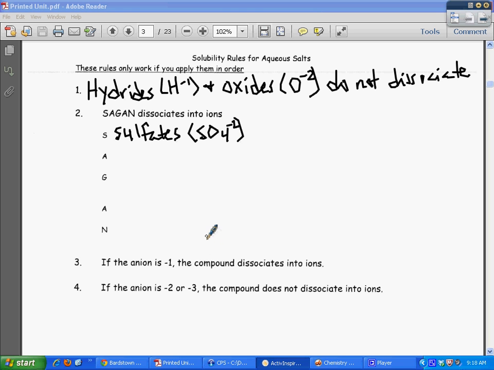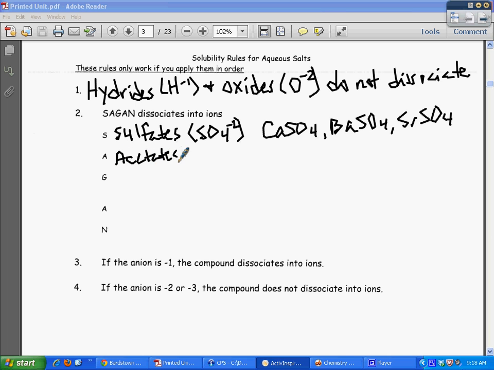Any salt that contains the sulfate ion dissociates into ions, with 3 exceptions: calcium sulfate, barium sulfate, and strontium sulfate, SrSO4.